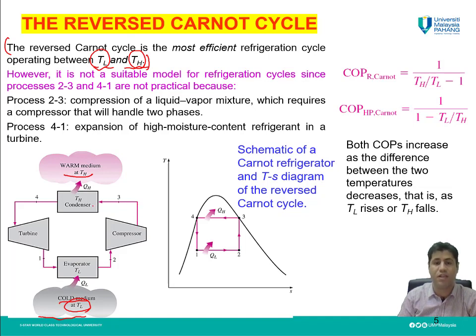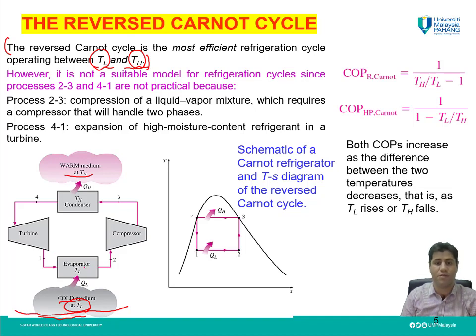After the compressor, it goes to the condenser, where its high temperature is released to the environment or warm medium, and finally it goes to the turbine, and from the turbine to the evaporator. This is just an imaginary refrigerator. Our refrigerator doesn't have a turbine.